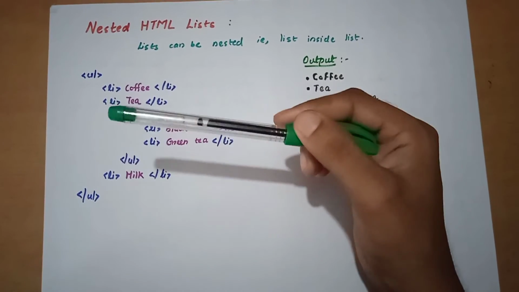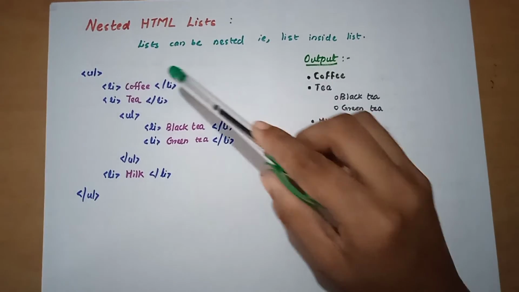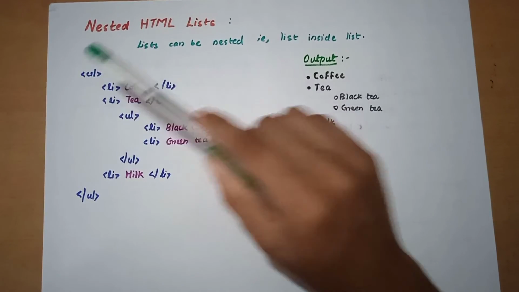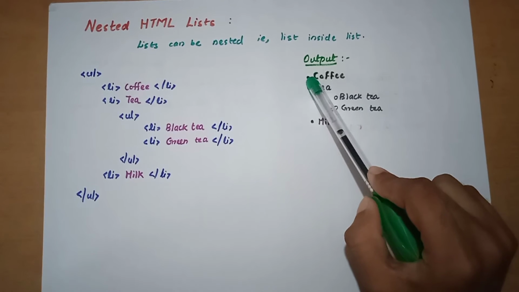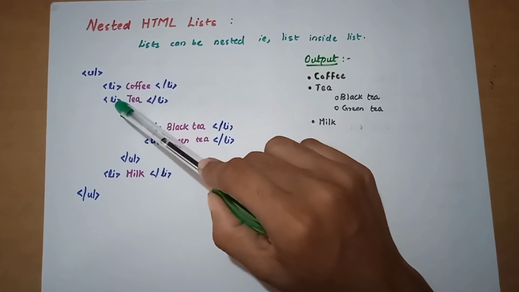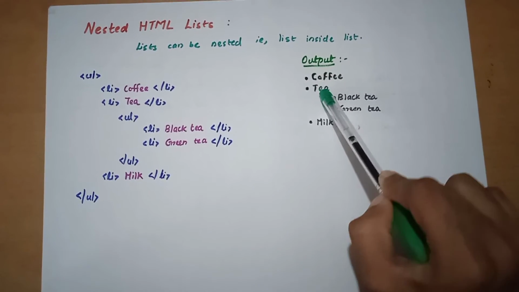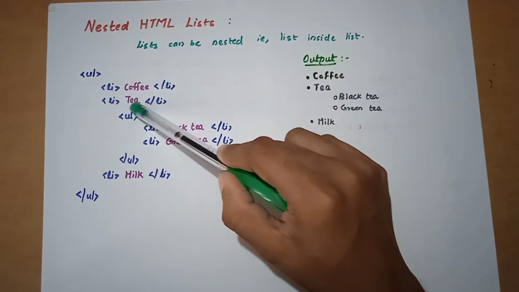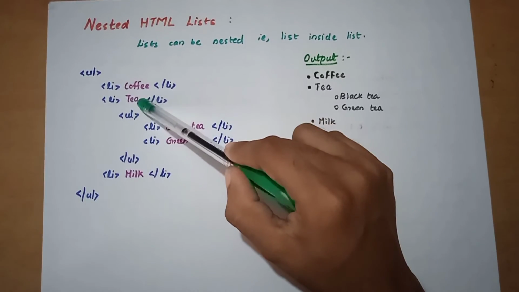Then let's see how this looks in the display. This was my first item. Since it is in an unordered list, by default it will be displayed with bullets. So here we can see a bullet with the name coffee, and the second one, tea, is also displayed here. But it also has another UL tag, that means another unordered list inside this tea.